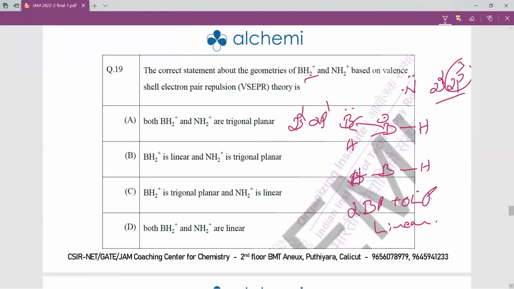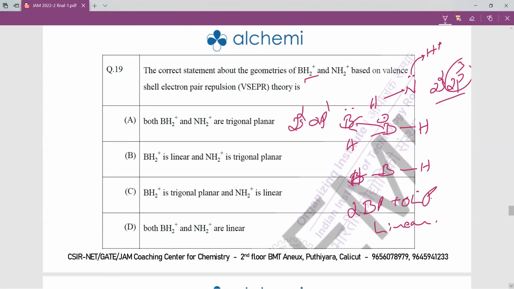If this forms a bond like this, it can form a bond with hydrogen, and next it is forming a bond with H plus, but to form a bond with hydrogen it uses these 2 electrons. Not like BH2, so it is like a coordinate bond.